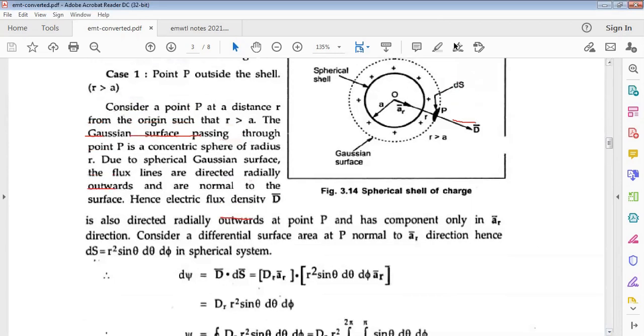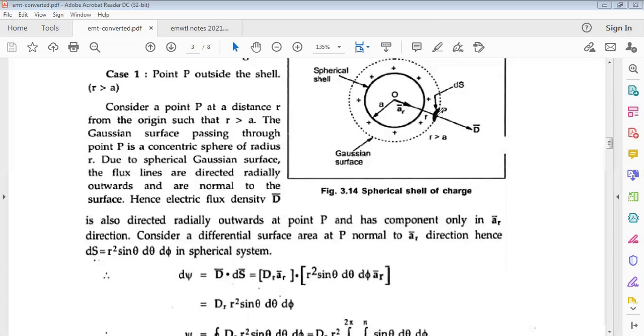See, the flux lines of the Gaussian surface are directed radially outwards and normal to the surface. Whatever lines are generated from the positive charge, because the spherical shell is uniformly charged, all the radial lines pass through this Gaussian surface.